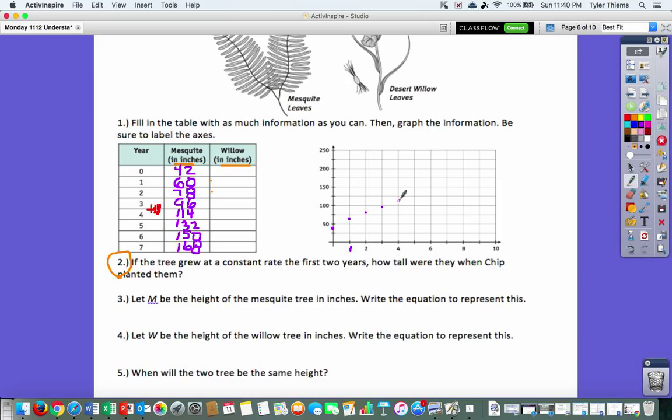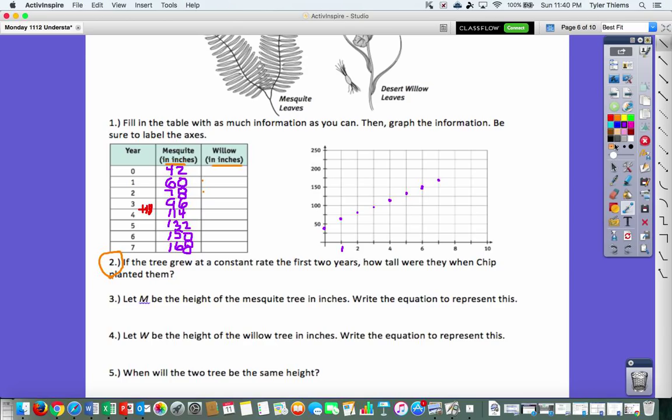You'll keep noticing that this is increasing at a constant rate. Year 5, 132. Year 6, 150. Year 7, 168. So that's what our first line would look like here. It looks something like that, and it goes through all the points.